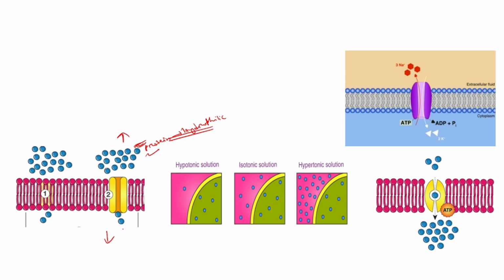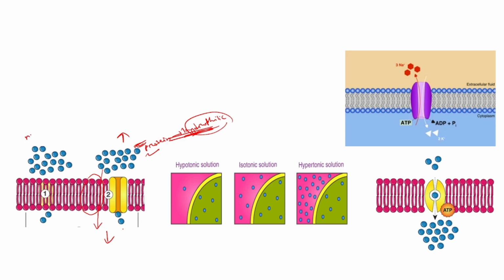But it does not pass through the membrane directly, because this is a hydrophilic molecule. It cannot interact with the hydrophobic core, because the lipid of the plasma membrane is hydrophobic.